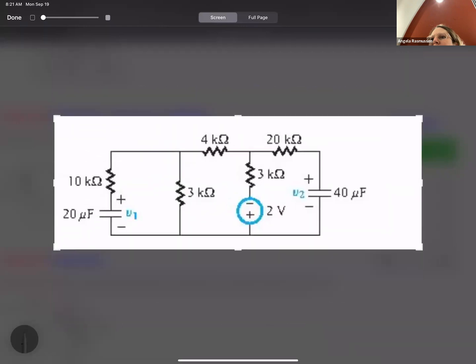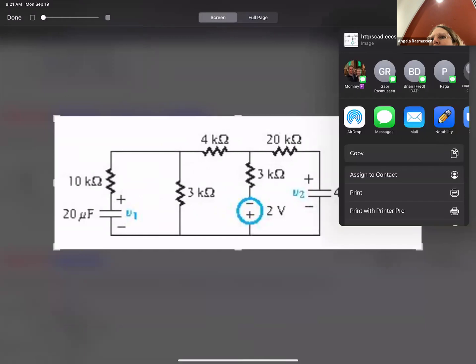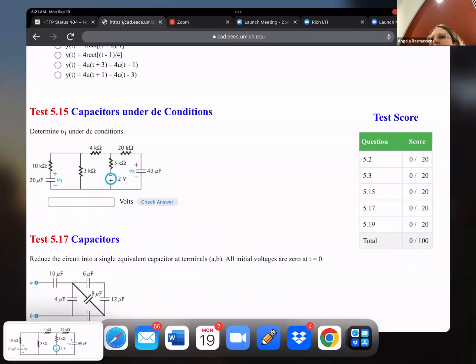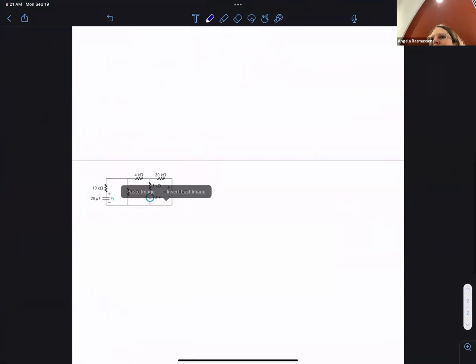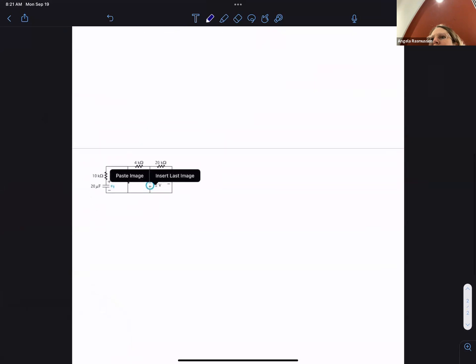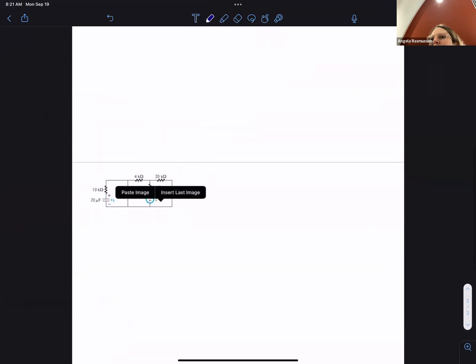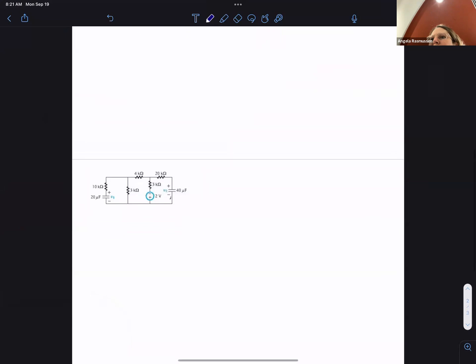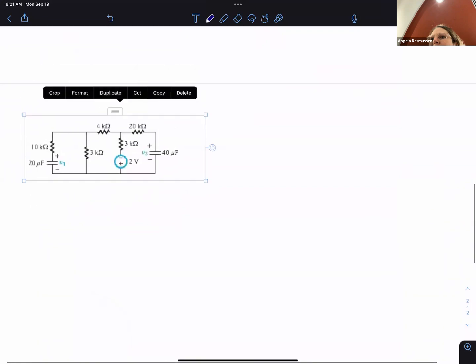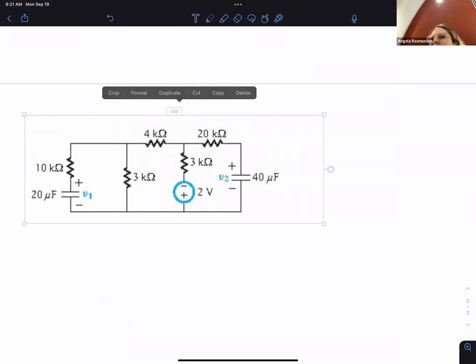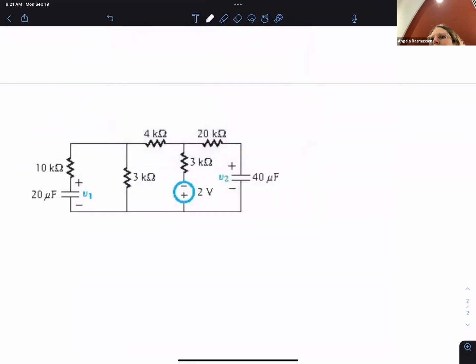Just gonna grab a circuit. So this would be an RC circuit. I'm gonna change it slightly.